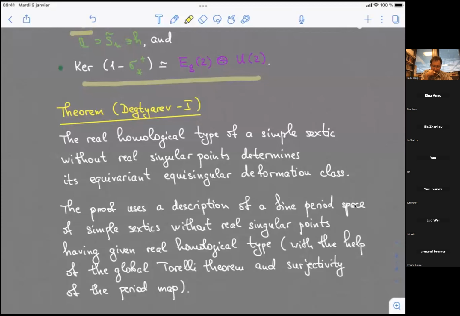In principle, it's a little bit surprising as a statement because it's definitely not true in general, not true without this assumption that our sextic does not have real singular points.